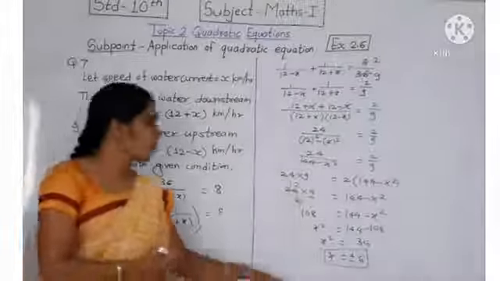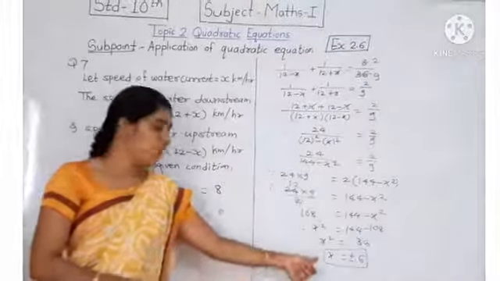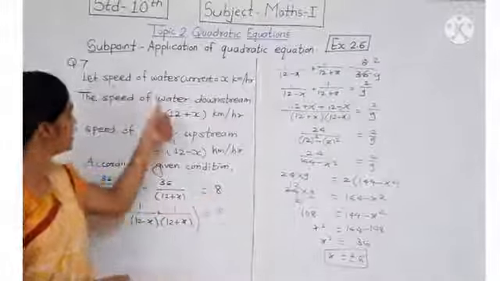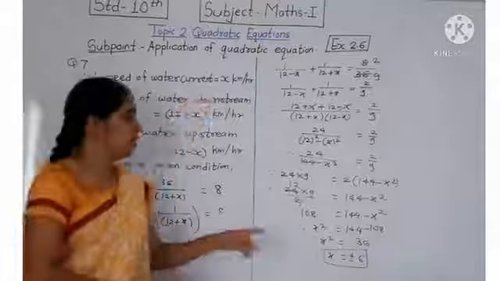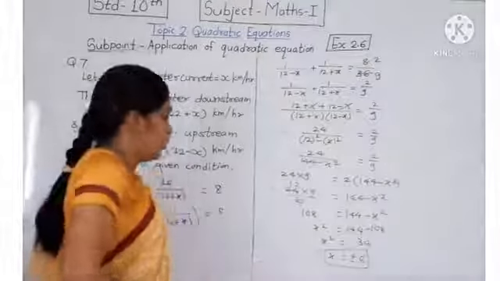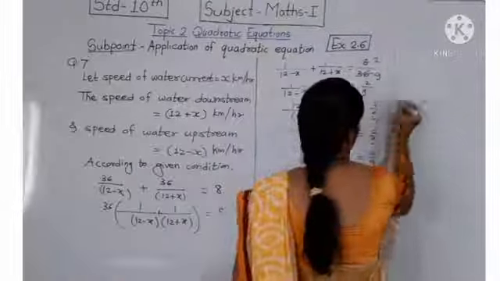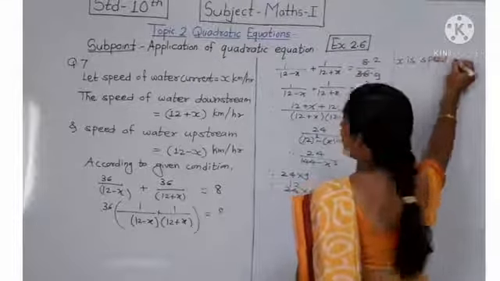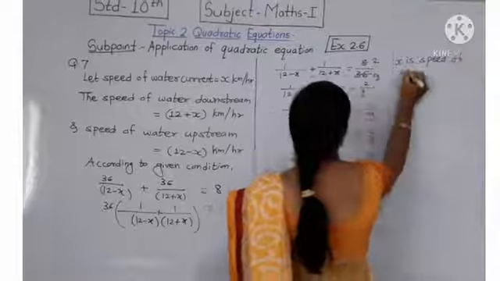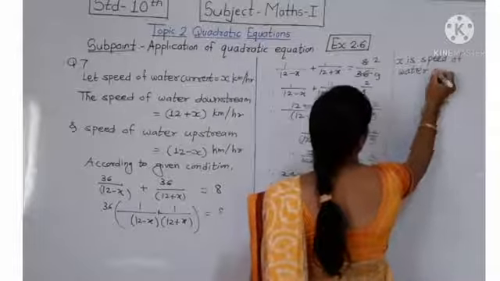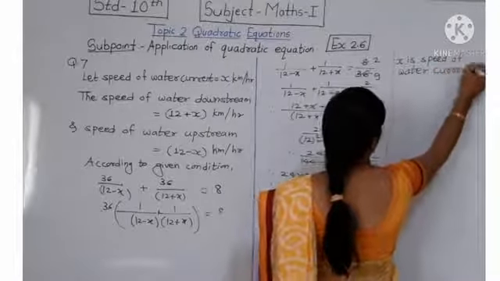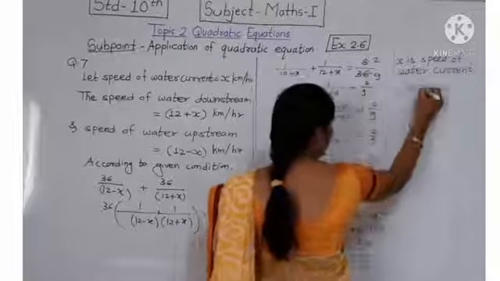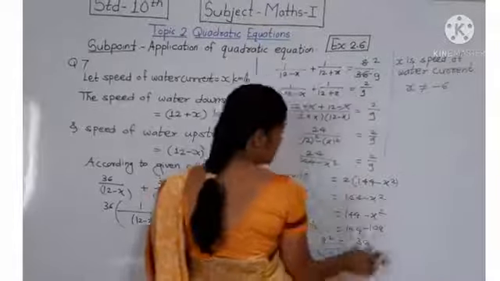So speed is never negative. x is the speed of water current. Therefore, x is not equal to minus 6.